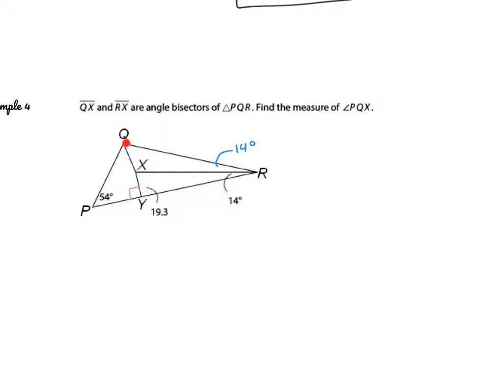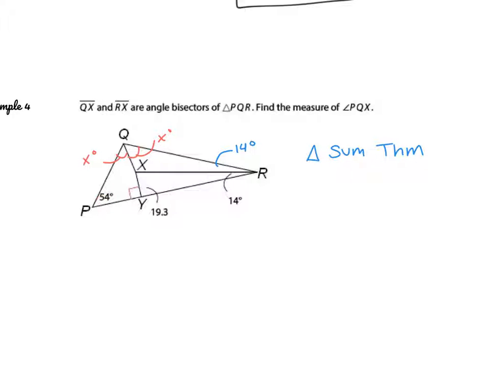We're also told that QX is an angle bisector, so that means that both of these angles right here and right here will have the same angle. Let's call them both X degrees. So this also is a measure of X degrees. So now we can use the Triangle Sum Theorem, and we can add up all of our angles, and they should equal 180.